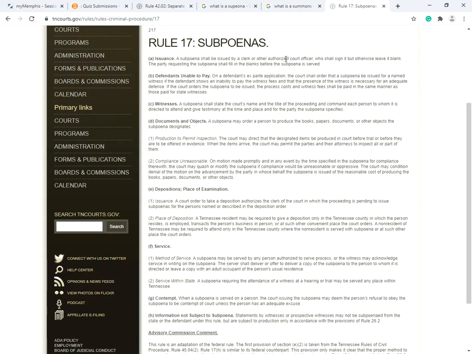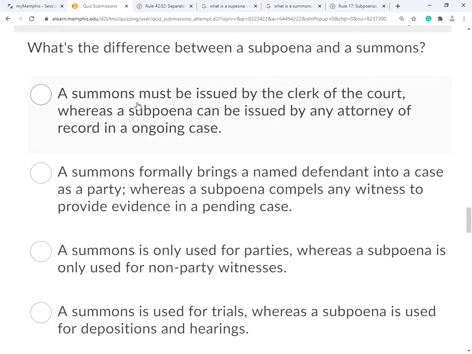I don't believe that can happen. So anyway, the answer I did select was: a summons formally brings a named defendant into a case as a party, whereas a subpoena compels any witness to provide evidence in a pending case. That is my understanding of the difference between a summons and a subpoena.